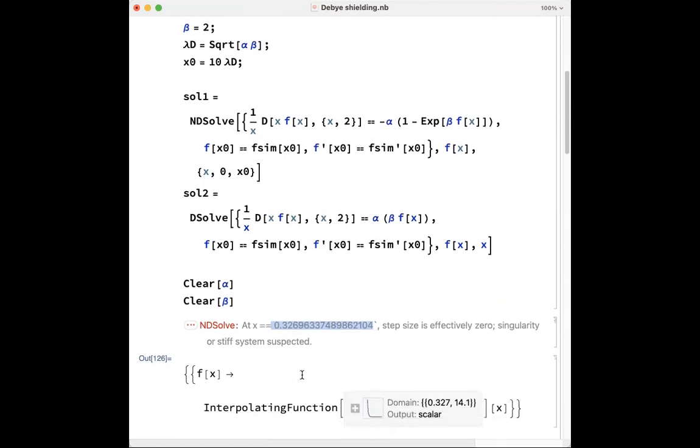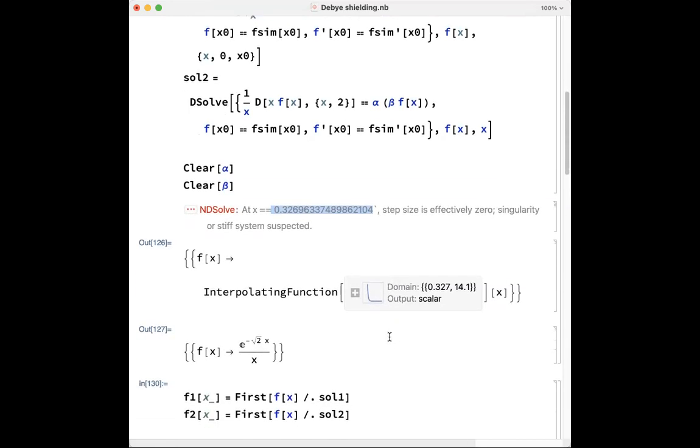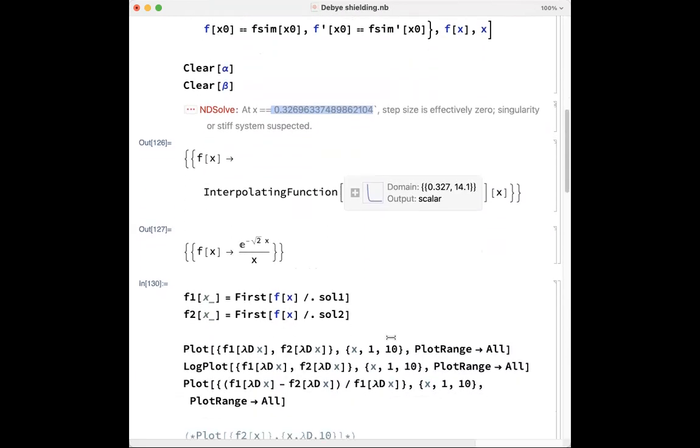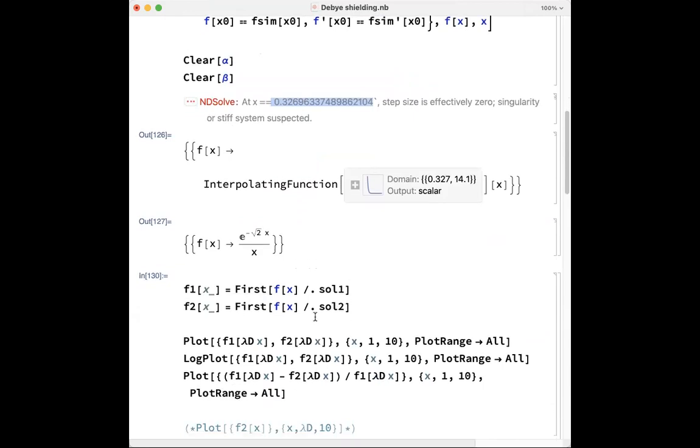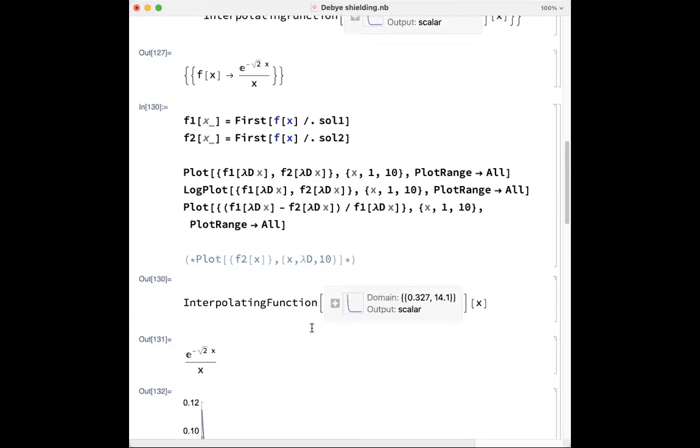And up to that point, the solution looks something like this. Okay, that's not really telling me all that much. Now, what I'm doing here is extracting the functions from the solutions so I can plot them. And let's see what the plots look like.